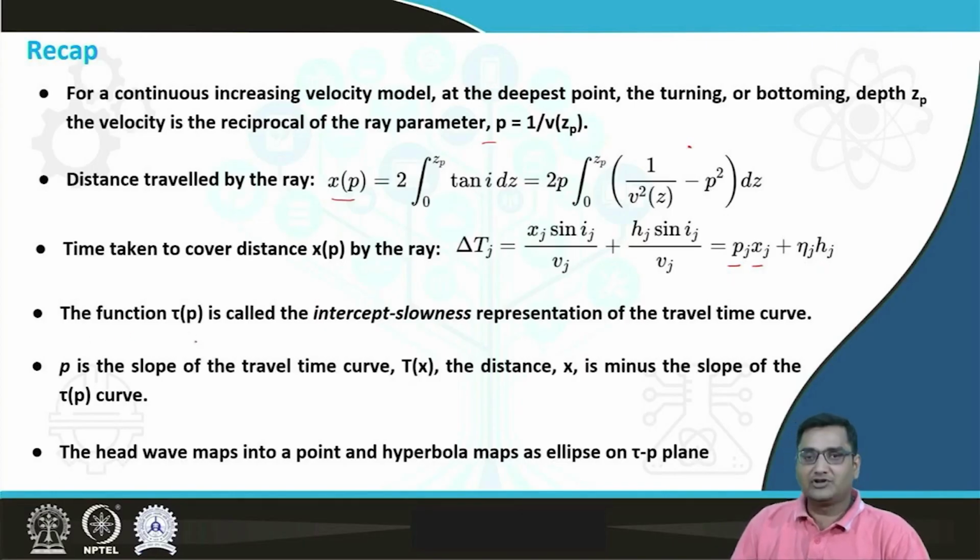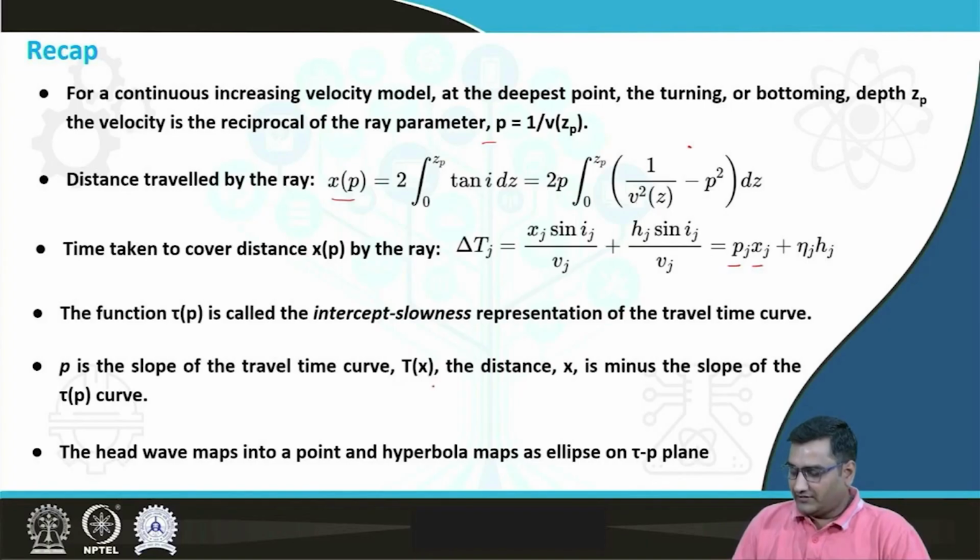The function tau p, that is the intercept time, is called the intercept slowness representation of the travel time curve because we are representing the intercept time as a function of ray parameter. P is the ray parameter, which can be found from the slope of the travel time curve, that is t, as a function of offset distance.